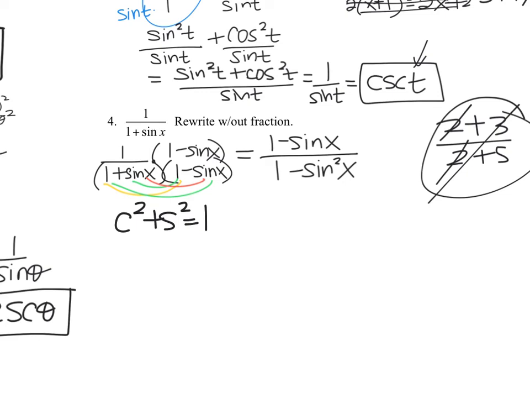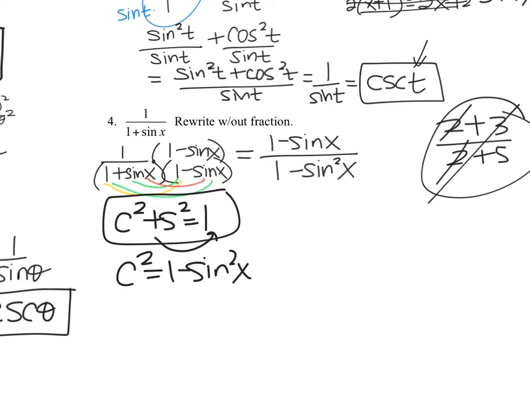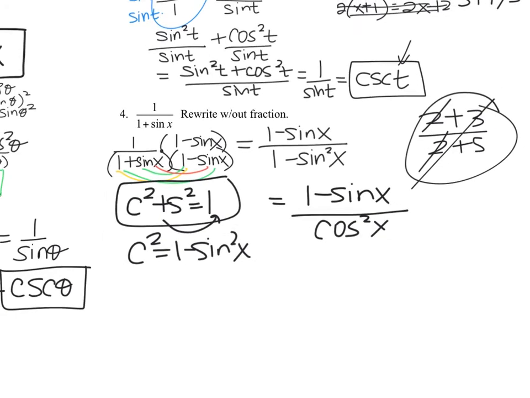If I bring this sine squared over, 1 minus sine squared is cosine squared. You see that? This identity has like 3 identities in itself. Okay, so we have 1 minus sine x over cosine squared x.